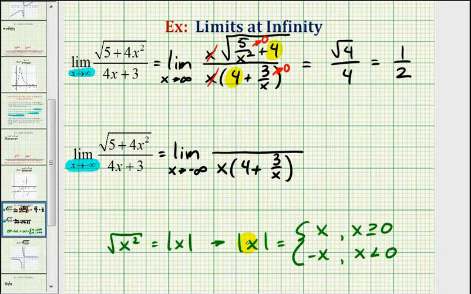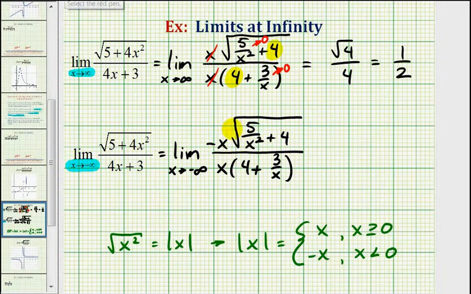So the absolute value of x would be equal to negative x this time because x is less than 0. So if we want to factor out x, we'd have to factor out negative x, again because x is approaching negative infinity. Therefore this is now a positive value. And then we're still left with, underneath the square root, this would still be x squared. So we'd have 5 divided by x squared plus 4.